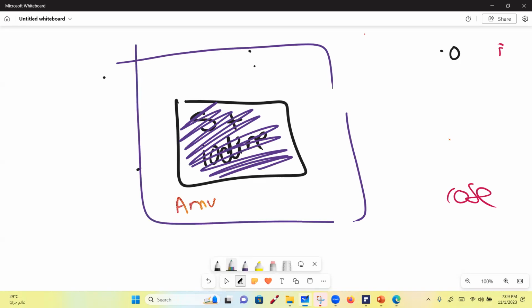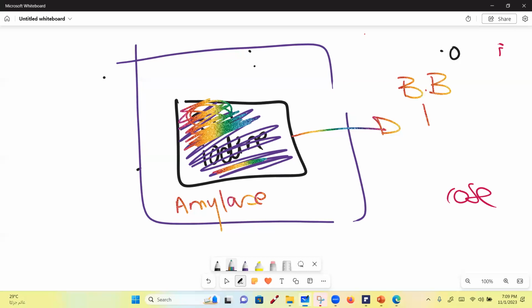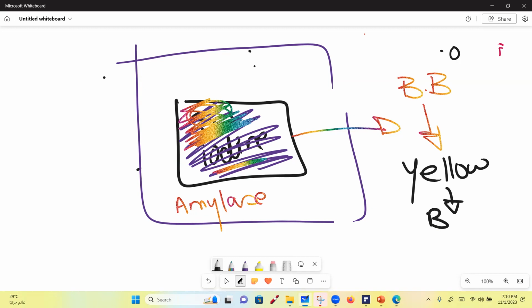The amylase enzyme likes to eat the starch. It will digest the starch. So I will just give it enough time and all the starch will be broken down. What will remain? The iodine. So this block with time will start blue black in color. With time, it will change from blue black to what? Orange brown. Exactly. Thank you so much. To yellow brown or orange brown, because it will go back to becoming iodine only.